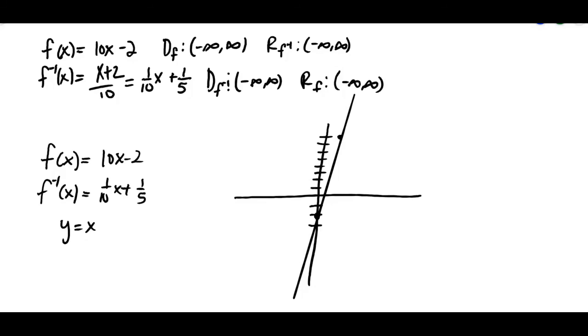And then we want to graph the line 1/10 x plus 1/5. So we're going to have our y-intercept at a fifth, which is about right here. We want to rise 1 and run 10. That would put me about right here.